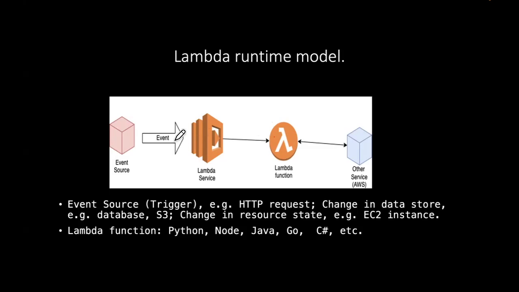It passes the event as just a parameter to the Lambda function, as we'll see. The Lambda function executes, and when it's finished, the Lambda service will now destroy the micro VM instance. Later on, another similar event occurs, and the same process happens all over again.